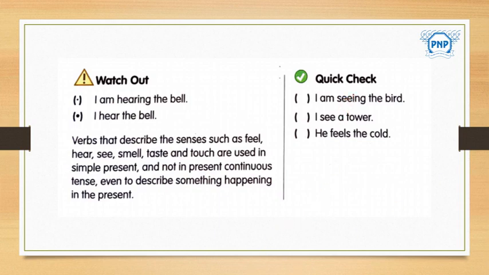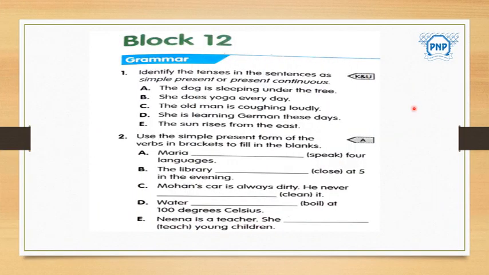Let's take a few examples. I'm not going to tell you each and every answer, just a few. The remaining answers you have to complete in your notebook and send to me as well. Good? Then see these sentences carefully.